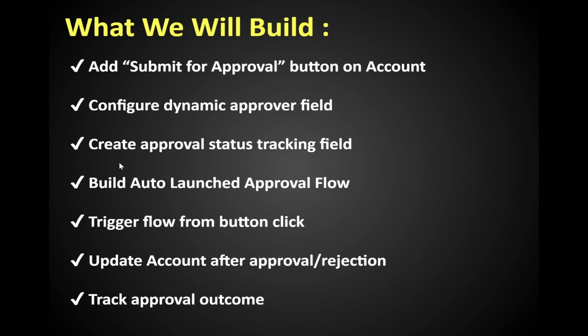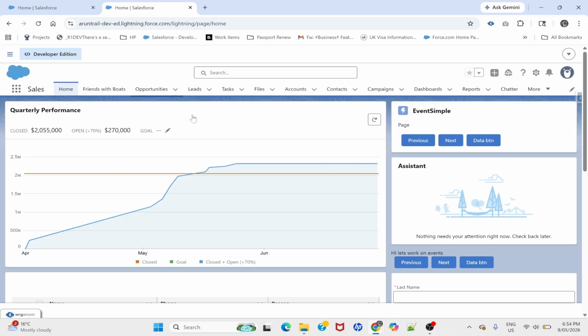After that, we will build an auto launch flow and trigger it from the button click. And finally, based on the approval or rejection, we will automatically update the account record and track the approval history as well. So you can see this is my Salesforce org.